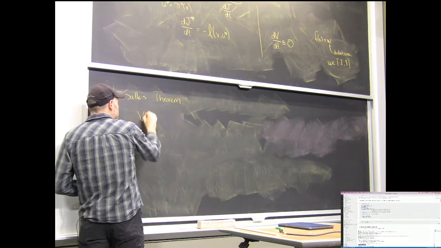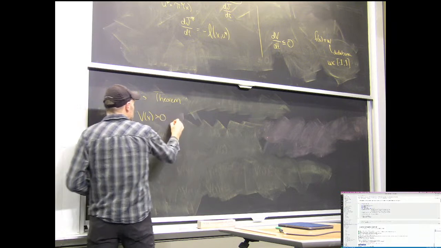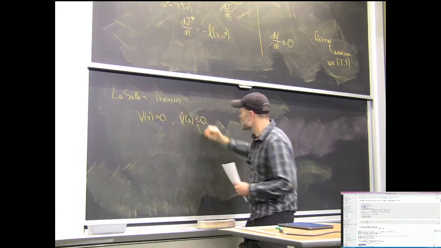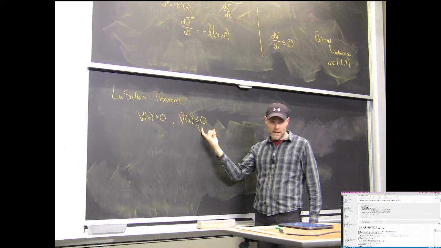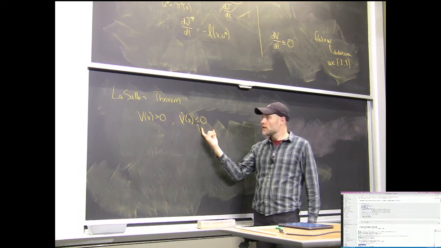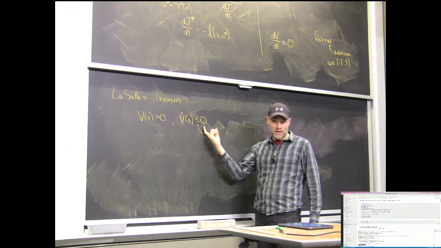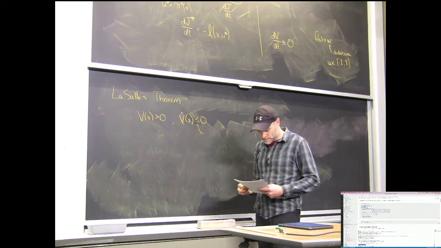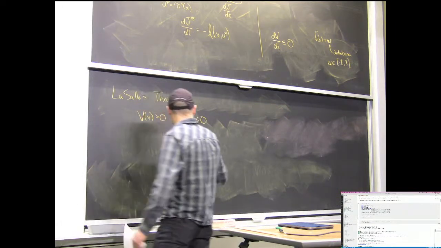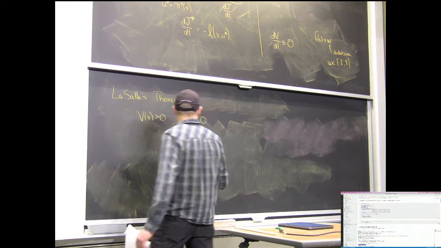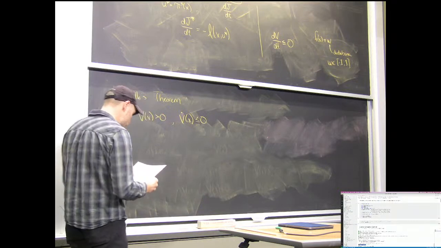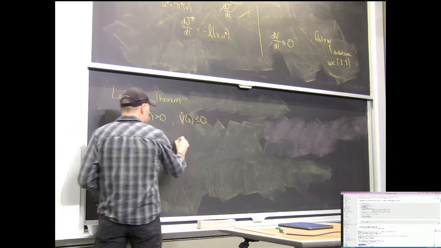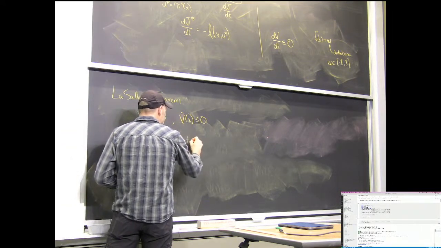So if I have that V of x greater than 0, V dot of x less than or equal to 0, which would normally only be good enough to prove stability in the sense of Lyapunov, I want to still be able to say that it's asymptotically stable. It turns out that the statement you can make is that having these conditions is enough to say that V dot will go to 0 as t goes to infinity.